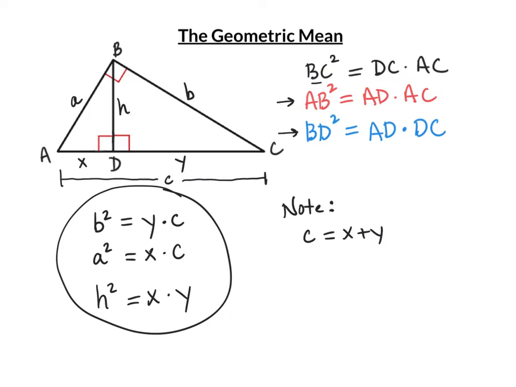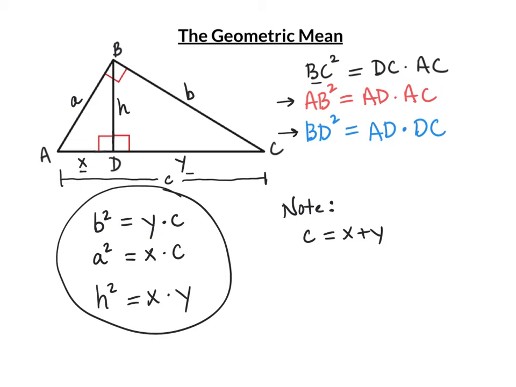As you look at these, notice that little c, that's the whole segment AC in the big triangle, I have to add x and y together to get little c, because you're going to use this in a bunch of questions. You've got to recognize that little c, I must add x and y together to figure it out.